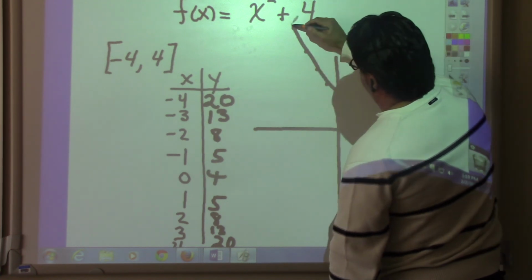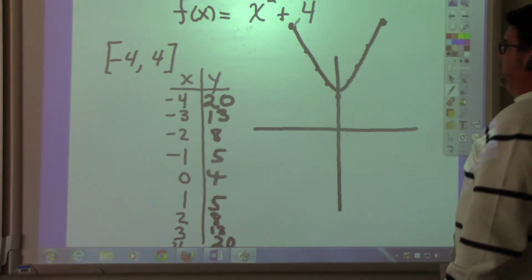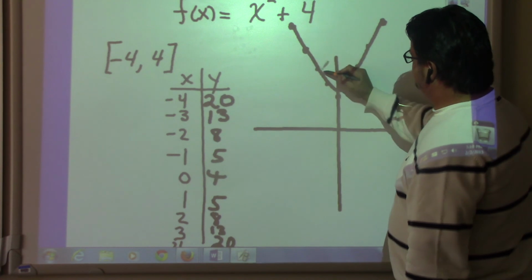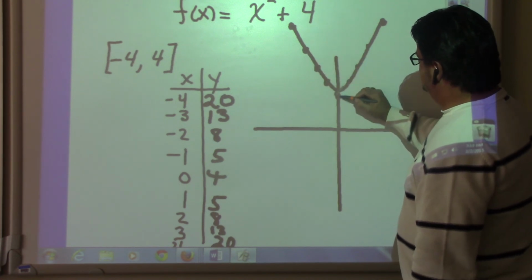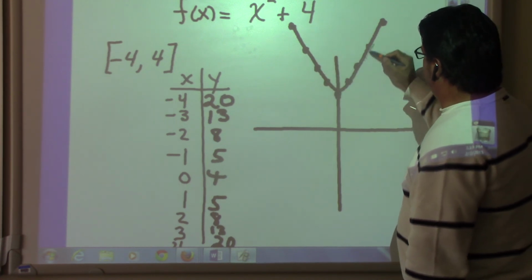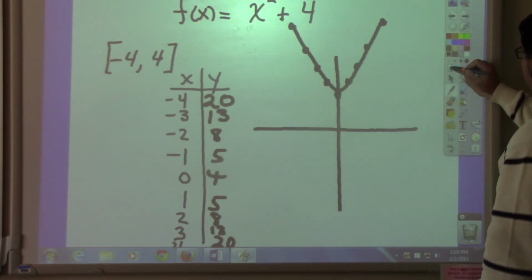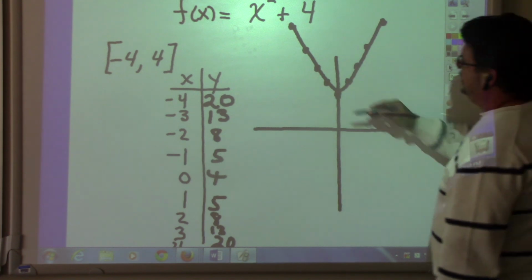Use your imagination. It's hard to draw freehand on this thing. Okay, now, this thing messed it up.